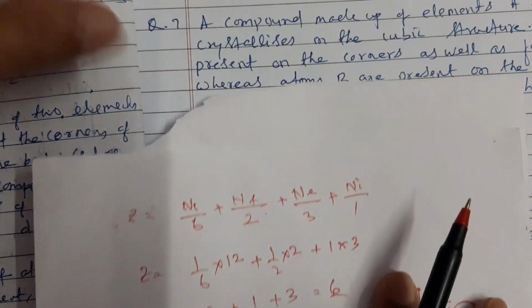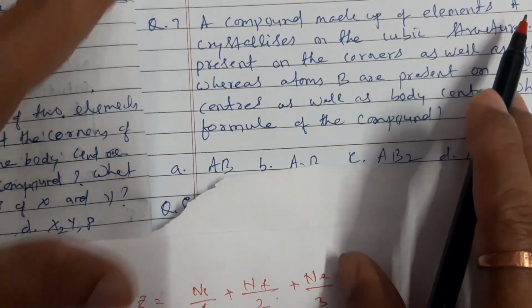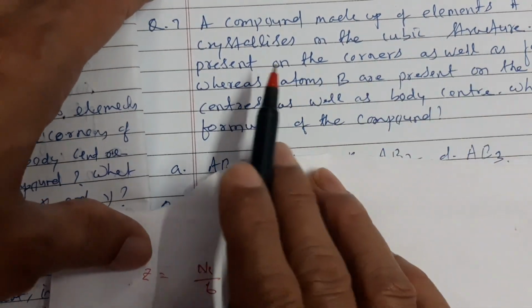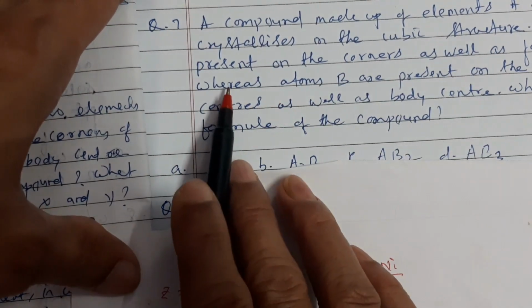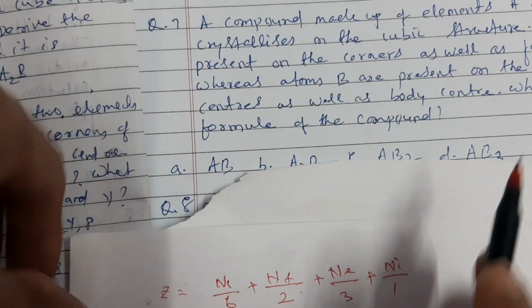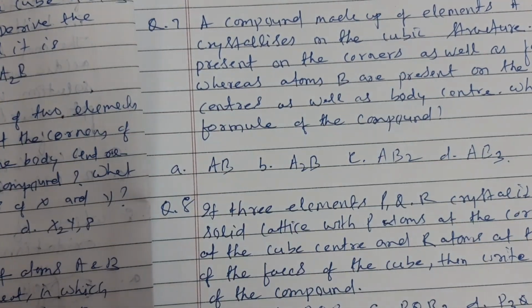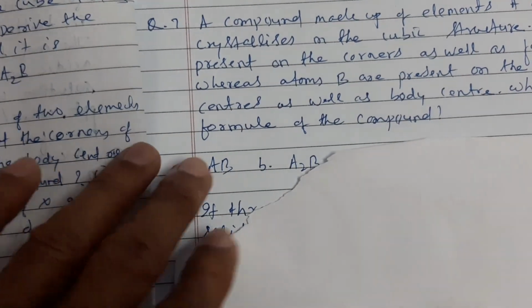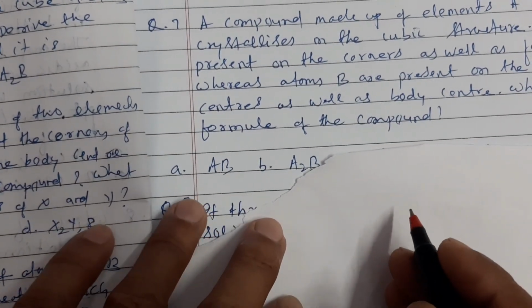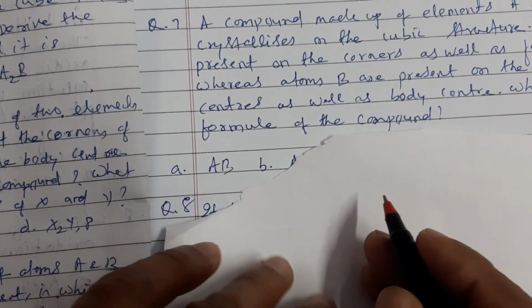Next, a compound made up of elements A and B crystallizes in a cubic structure.